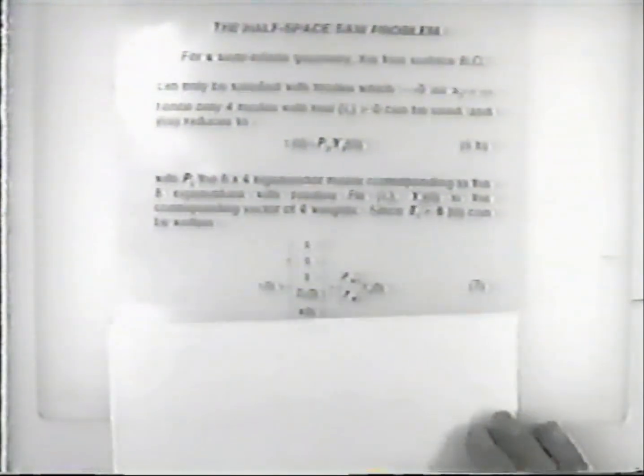Now there are some critical things just above this equation which I really have to spend a couple of minutes on. On a free surface, if you're looking for guided mode solutions, you have to impose the constraint that as you go deeper and deeper and deeper, the fields have to vanish.